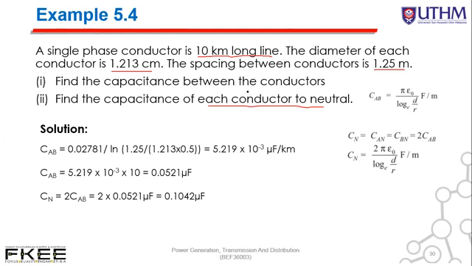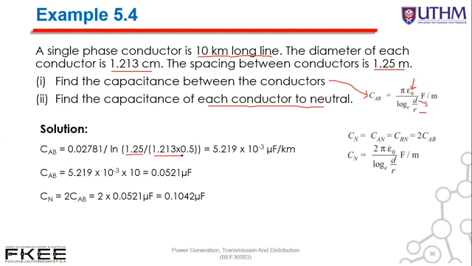To find the capacitance between the conductors, you can calculate using this formula: CAB equals pi epsilon naught over log of D over R farad per meter. You just replace the value of epsilon naught, the permittivity of air, and D, the distance, which is 1.25 meters, the conductor spacing.